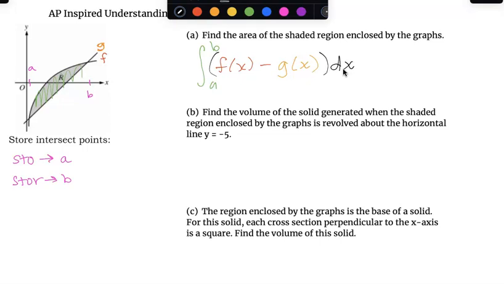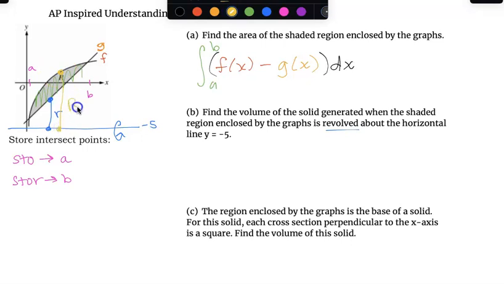Find the volume of the solid generated when we rotate around the horizontal line of y equals -5. So if y equals -5, if I were to draw in my rotations, because I'm revolving, this is going to be my little r.